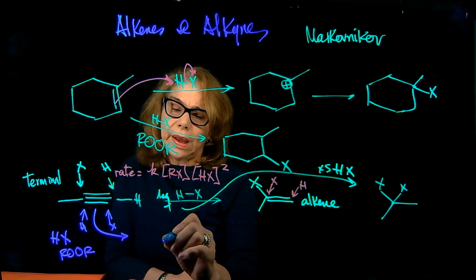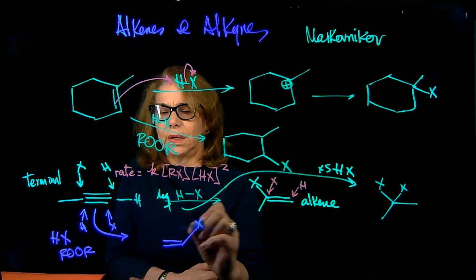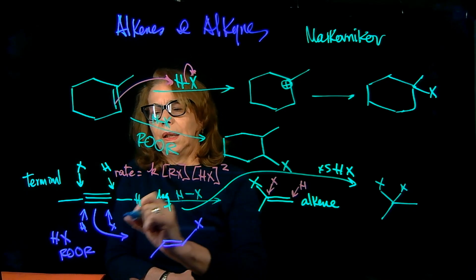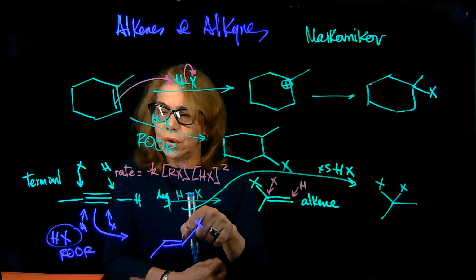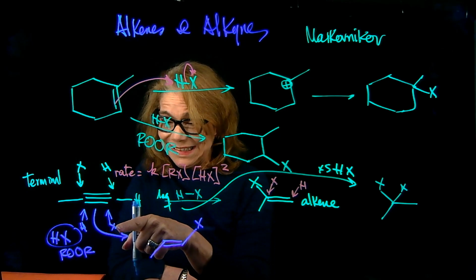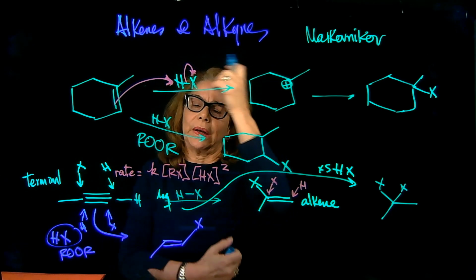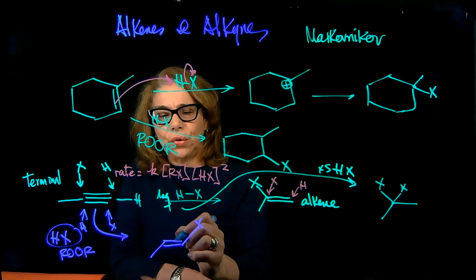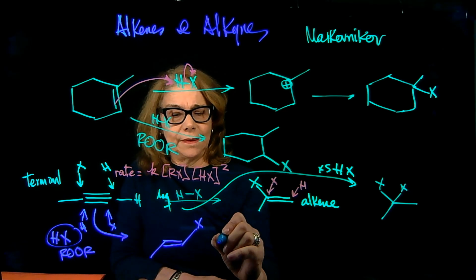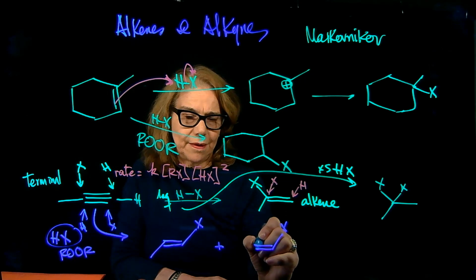So you will have a couple of products. You can have this one, where you're adding H and X once, so you have an alkene. Notice now the X is being added at the least substituted carbon, anti-Markovnikov. And then you have this alkene, but you can also have this one.